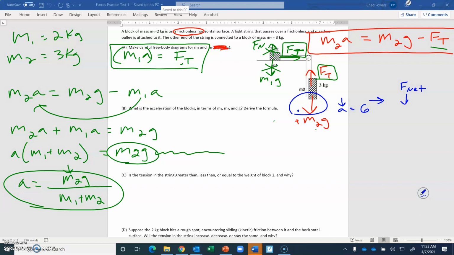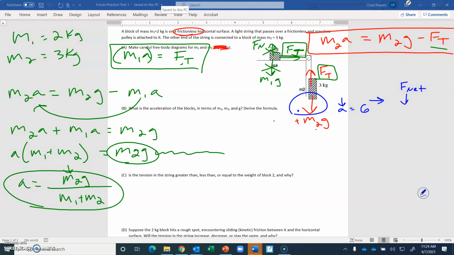There's no math involved. And then part D, suppose that it hits friction. What happens to the tension? Don't think so hard on that one either. If the sliding mass encounters friction, what's going to happen to the tension force? Okay, don't think so hard. The tension force is going to go up, right?